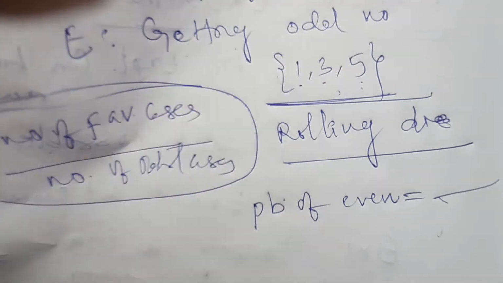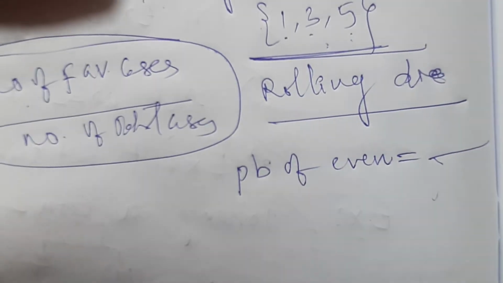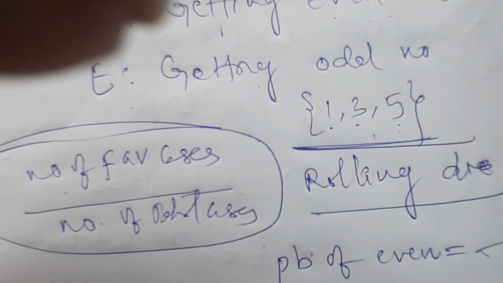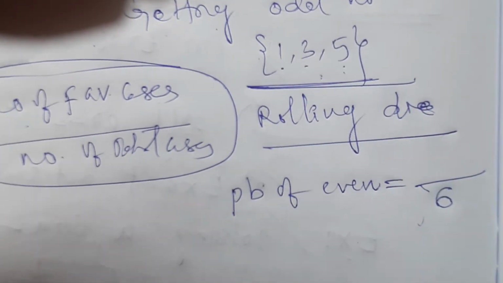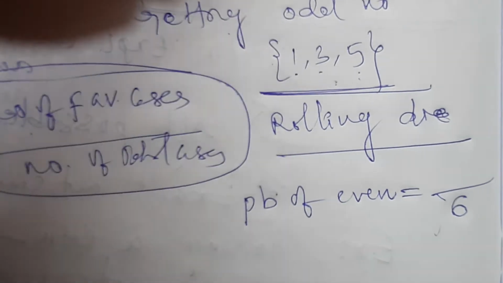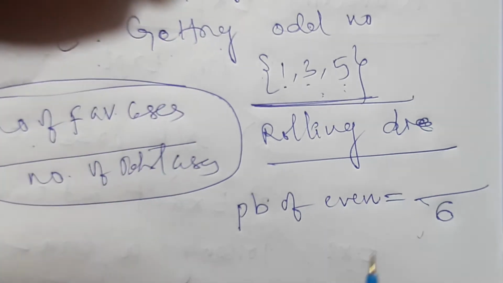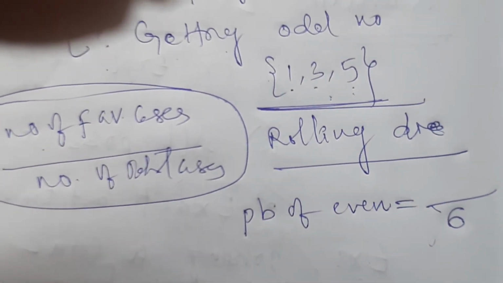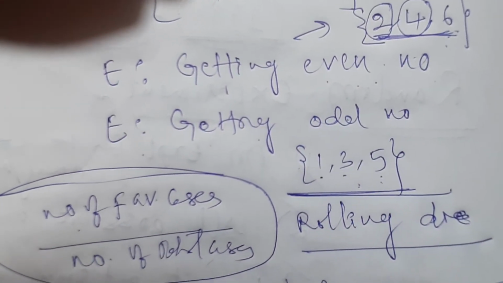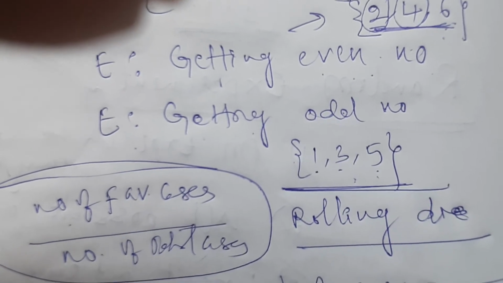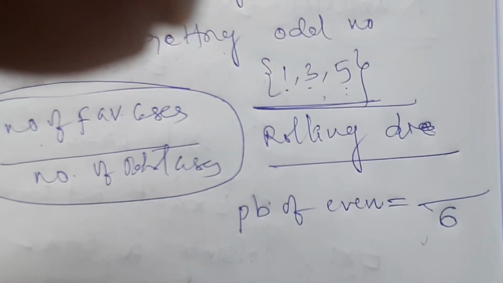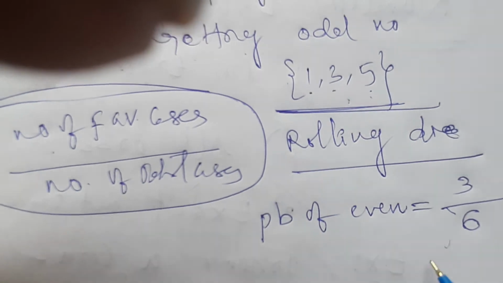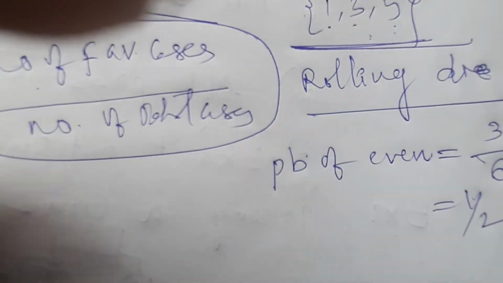Getting 1 dot, 2 dots, 3 dots, 4 dots, 5 dots, 6 dots. So the number of total cases is 6. Out of these 6 cases, for getting an even number, how many cases are there? 2, 4 or 6. 3 cases are favorable. Obviously, the probability of getting an even number is 3 by 6, which equals 1 by 2.